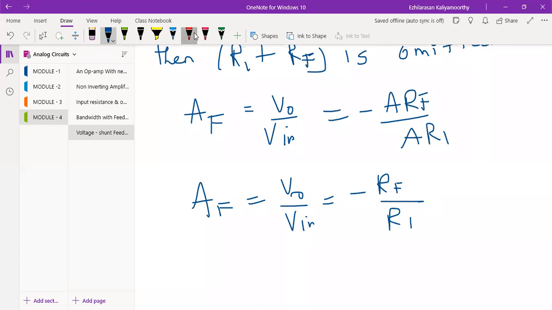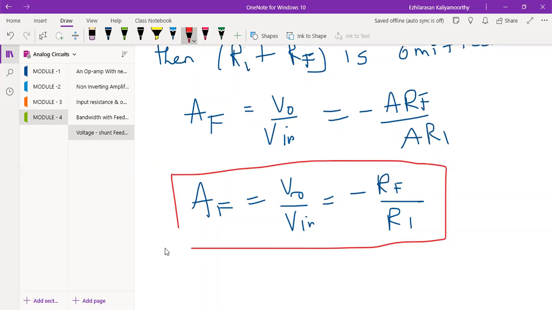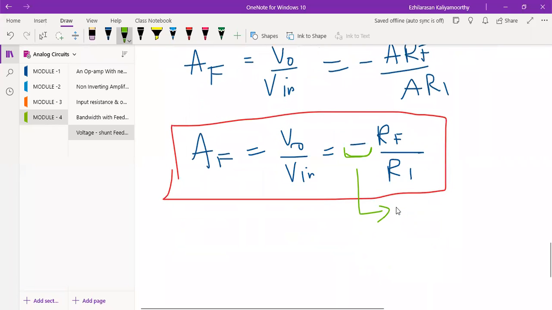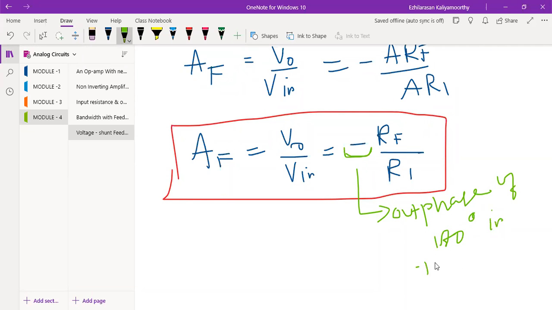See, now we got the feedback gain for the ideal case of the inverting amplifier, where this minus indicates the out-of-phase, a 180-degree phase shift in the output.